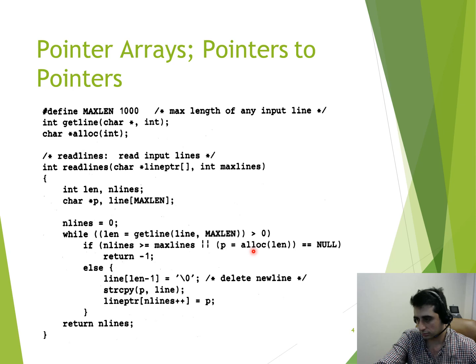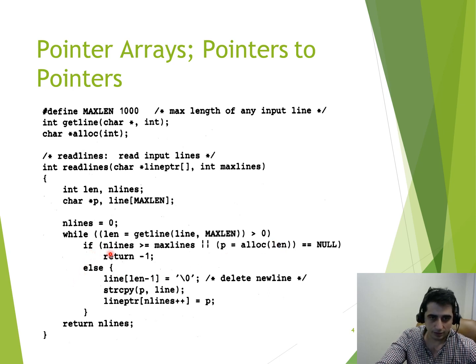And that's basically a simplified version of malloc. So whenever you see alloc, just replace it by malloc in your mind. Malloc means memory allocation function, which basically allocates memory in the heap. How much? This much. The length of the line, whatever the length of the line is, that's the number of bytes that we're going to allocate.